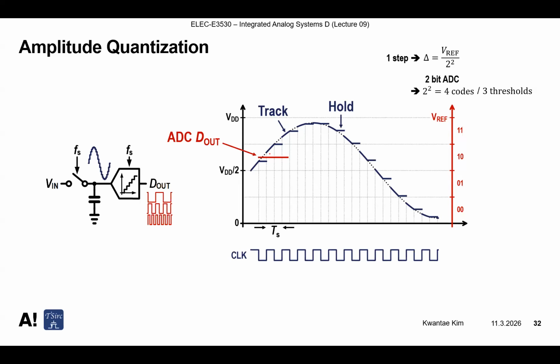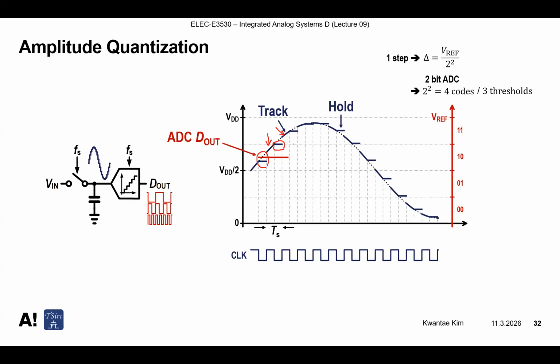We produce the ADC output here and keep it until the next hold phase. Because this is a digital code, it doesn't change during the next phase of track operation.